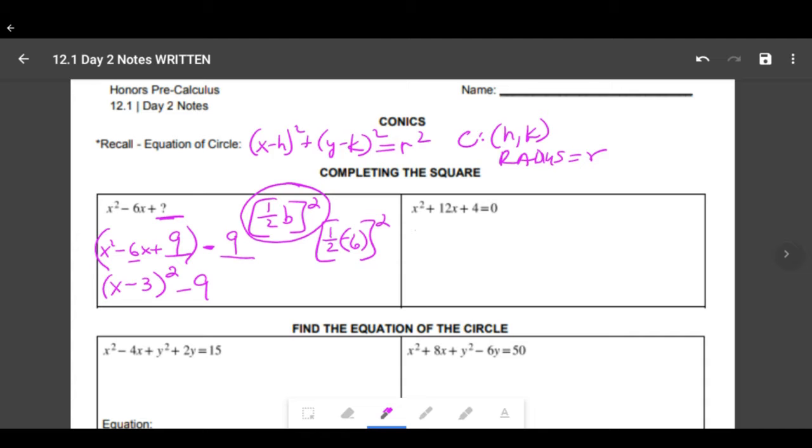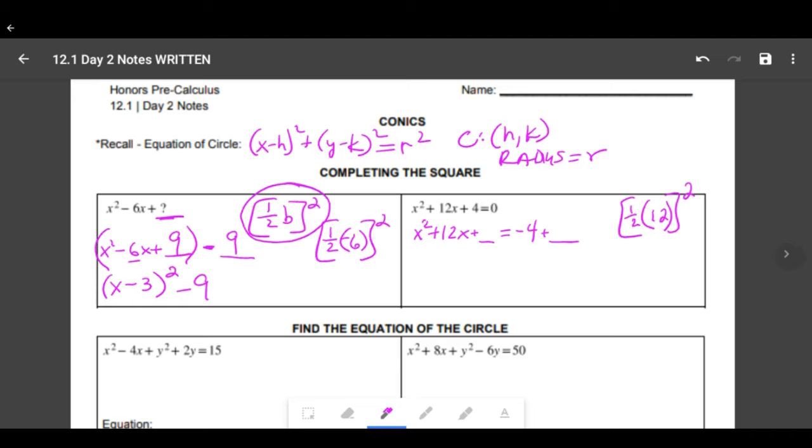What I'm going to do first is move the +4 to the other side and make it a -4. And now again, to figure out what I want to add in this blank, I'm going to take 1/2 of the b value. In this case, the b value is +12, and then I want to square it.